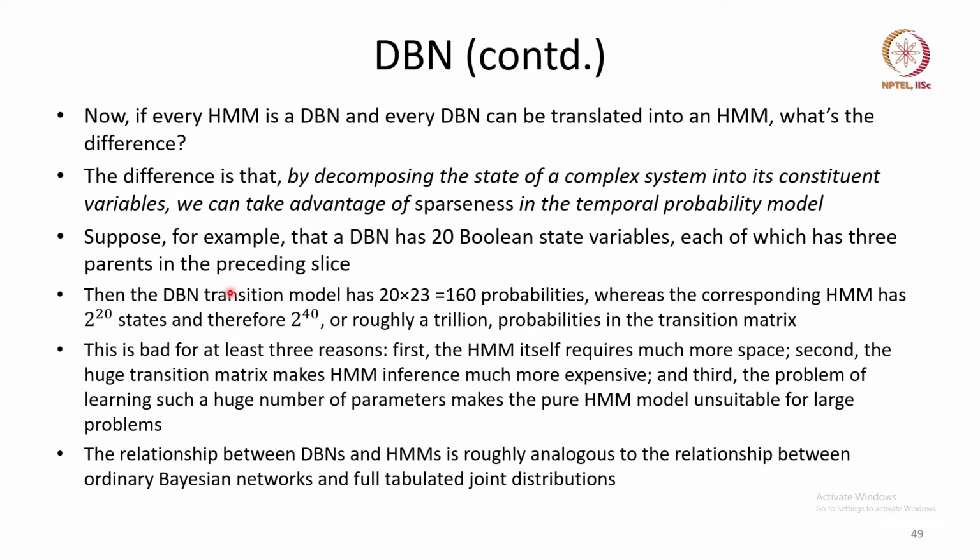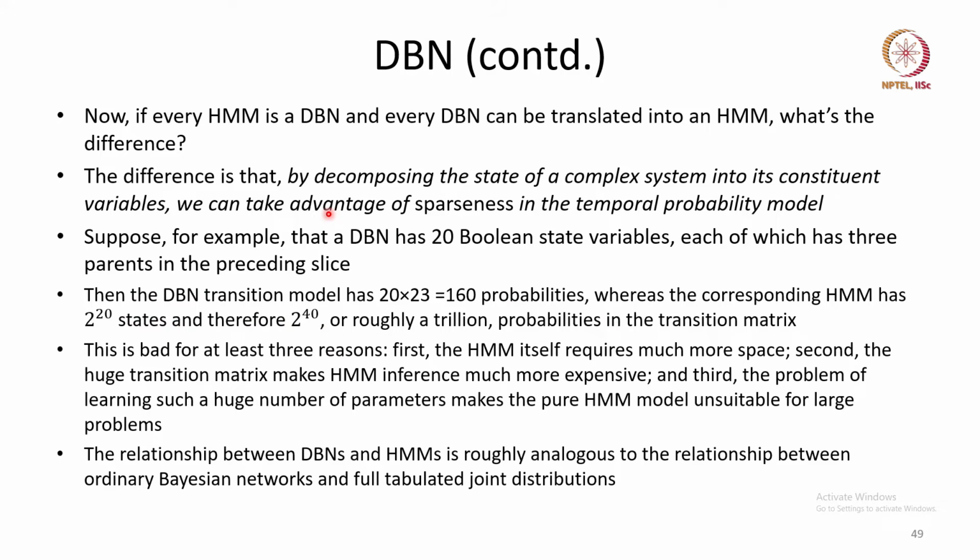In the DBN, the transition model has 20 times 2^3, that is 160 probabilities, whereas the HMM has 2^20 states and 2^40 probabilities.